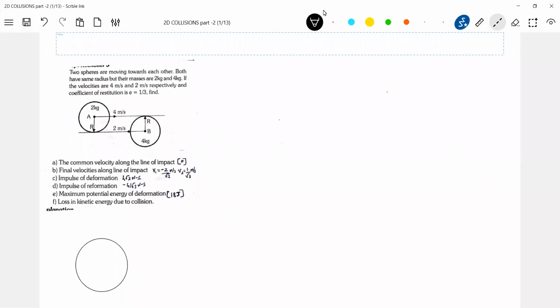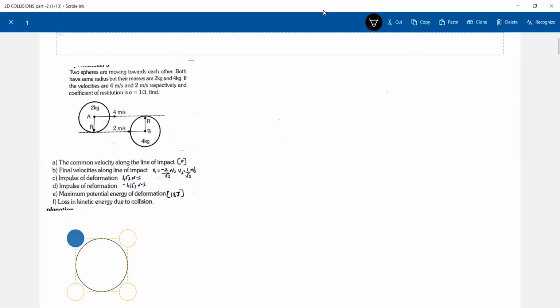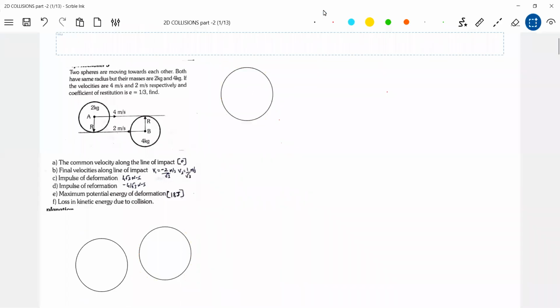Let me construct the basic diagram. So this is the first sphere, its center of mass. Already one question I discussed, if you can remember. So I'll directly go for when they come in contact.